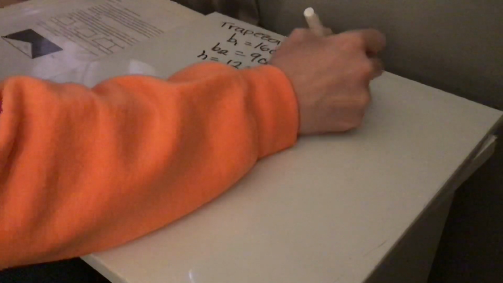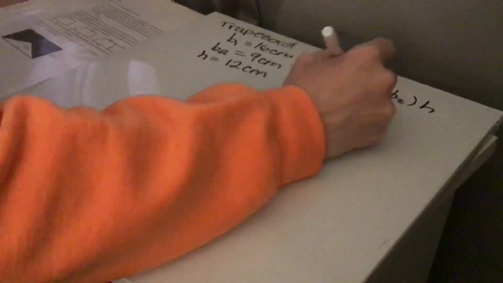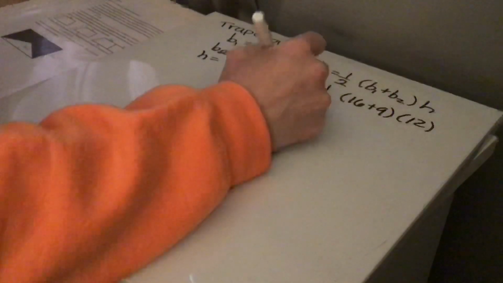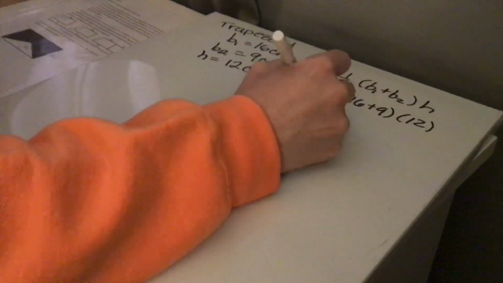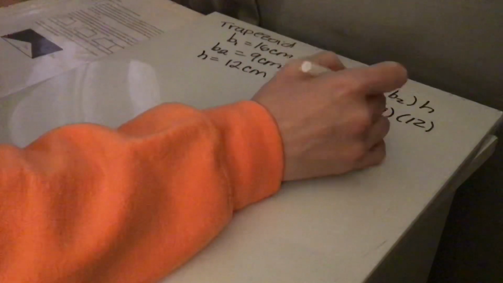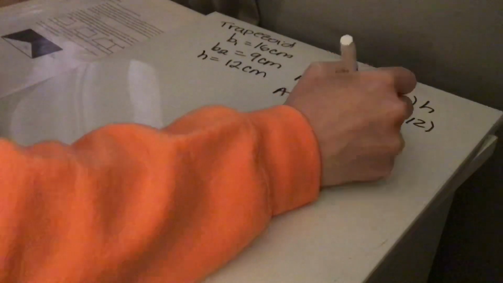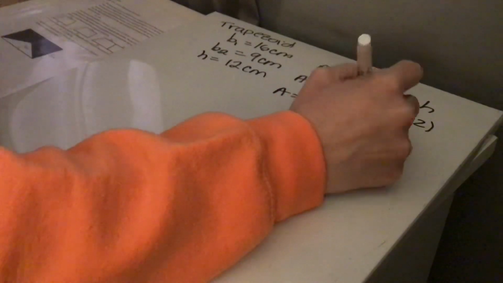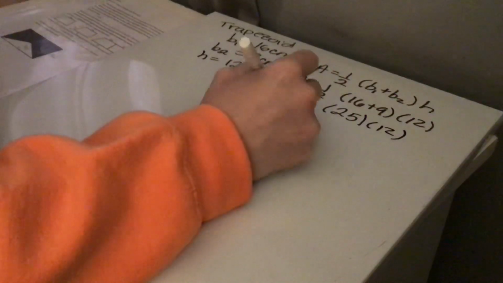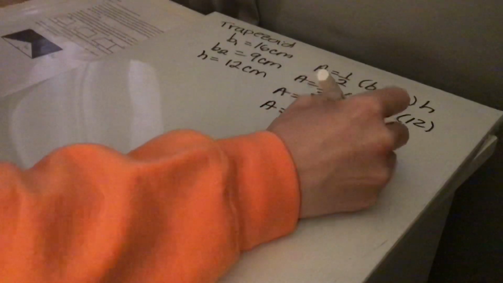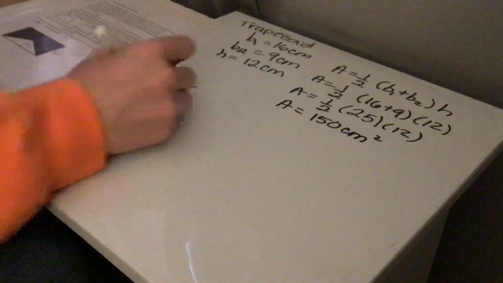Area is 1/2 the sum of the bases times the height. So it's going to be 1/2 times 16 plus 9, times 12. Order of operations, add 16 plus 9, that would be 25, times 12. So then the area of this trapezoid is 150 centimeters squared, or square centimeters.